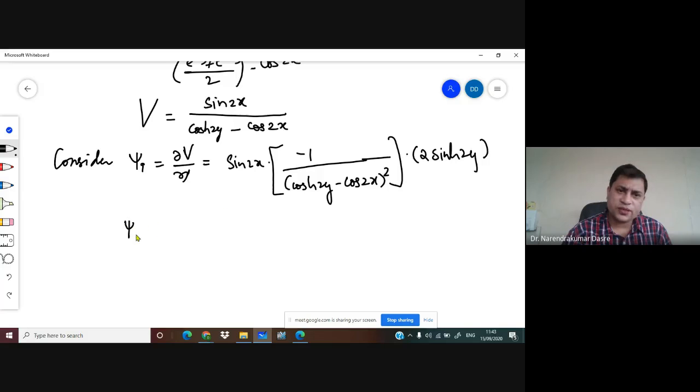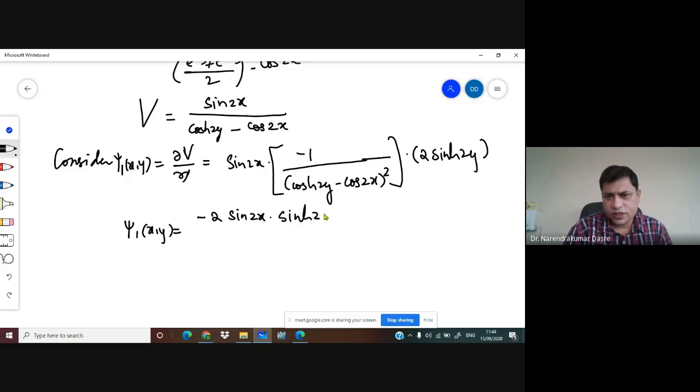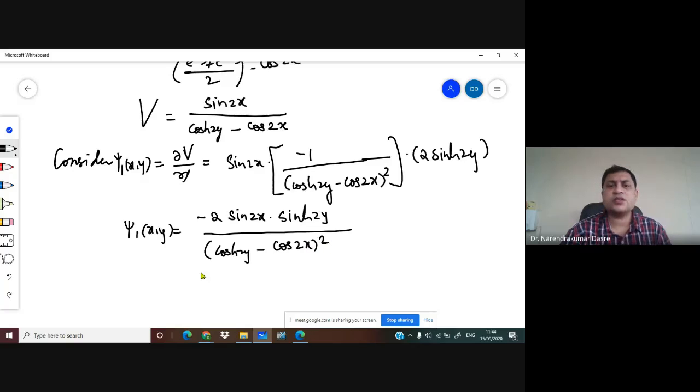So we can say psi 1 of xy is equal to minus 2 sine 2x hyperbolic sine of 2y on cos hyperbolic 2y minus cos of 2x bracket square. Let this be equation 4.